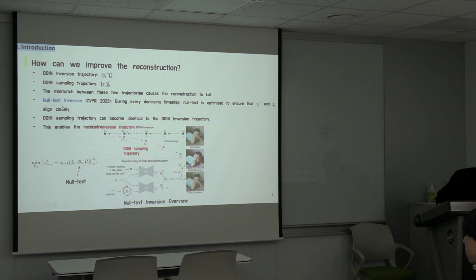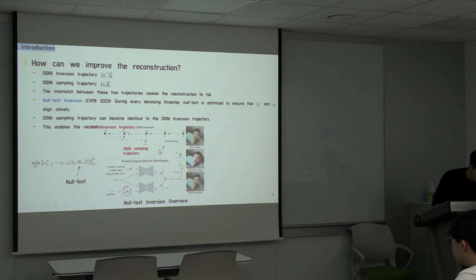Before I explain null text inversion, let's say the DDIM inversion trajectory is z_t star and the DDIM sampling trajectory is z_t. So this path refers to the DDIM inversion trajectory, and this path corresponds to the DDIM sampling trajectory.